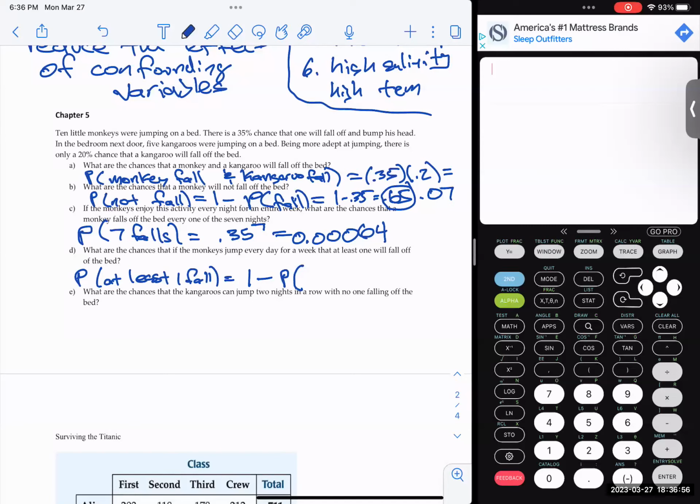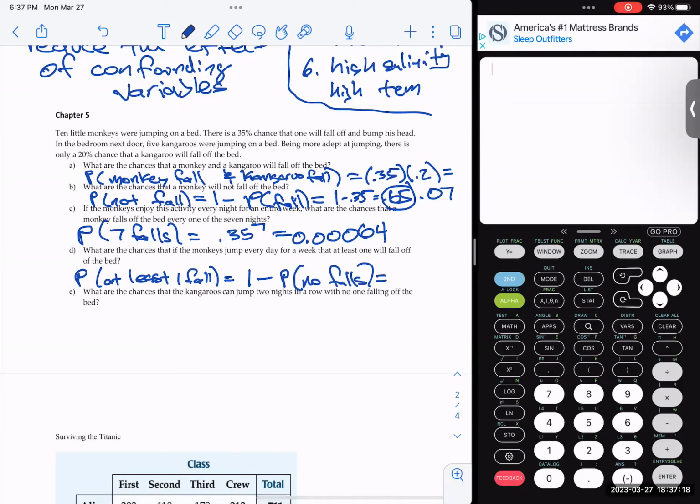In other words, it's not contained in at least one fall. So at least one fall could mean 1 fall, 2 falls, 3 falls, 4 falls, 5 falls, right? Up to 7. What's the one thing that's not included in that? What's the one thing that is the complement? Yes, that's it. No falls.